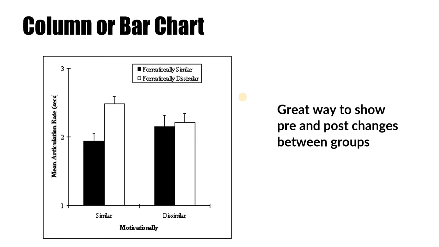But like I was saying, visual representation of your data is probably one of the most important things of this class. The reason being, as you go through graduate school, or if you do, or for those of you who go into the sports world, there's a saying, a picture paints 1,000 words.